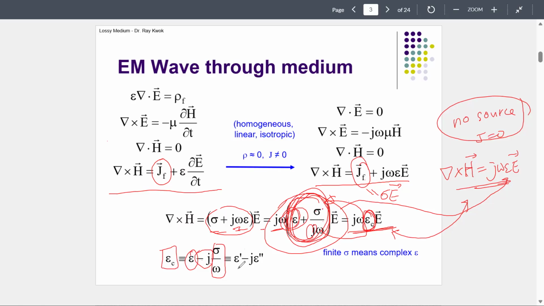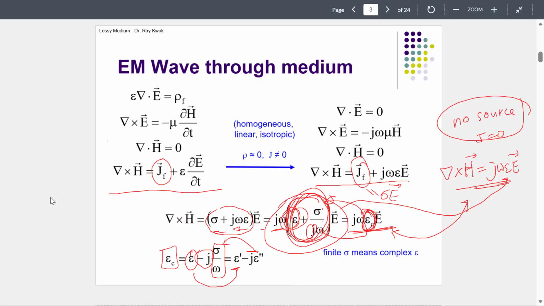The real part is called epsilon prime. The imaginary part is called epsilon double prime. This is a universal standard notation across different disciplines. In the earlier days people did a lot of measurements to measure the permittivity of a material. They would get both numbers, epsilon prime and epsilon double prime, and from that they can get this complex permittivity and so on. What do we use it for? I'm going to show you in a little bit, right?